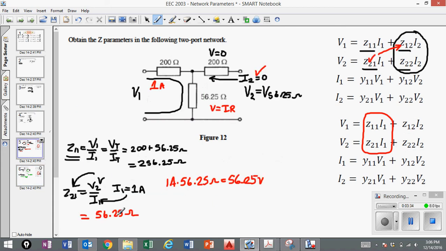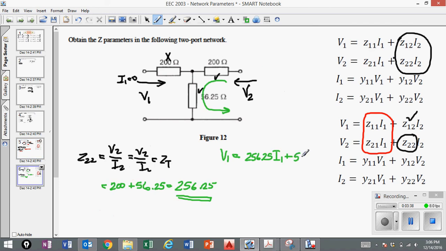Let's go back and look. 56.25 times I2, and V2 will be almost like a mirror.